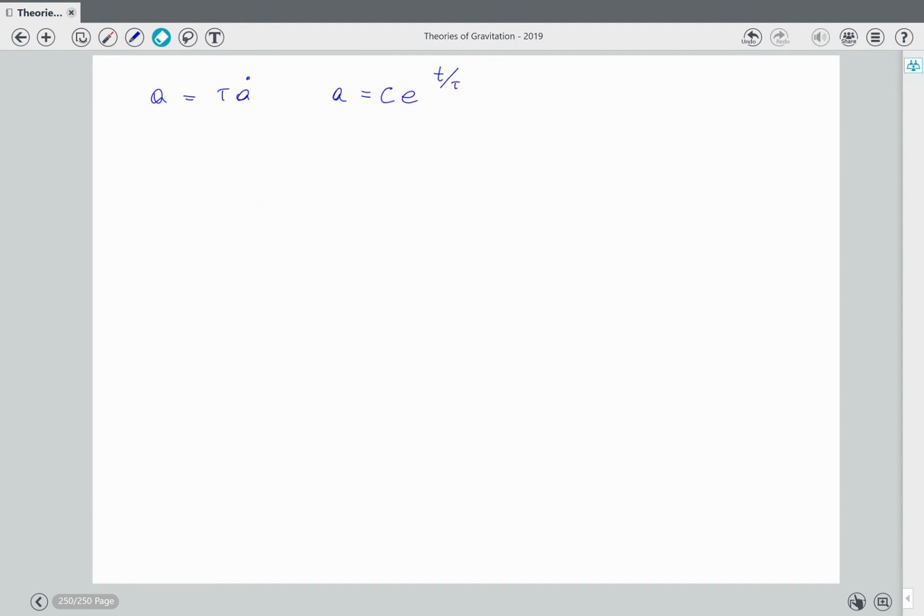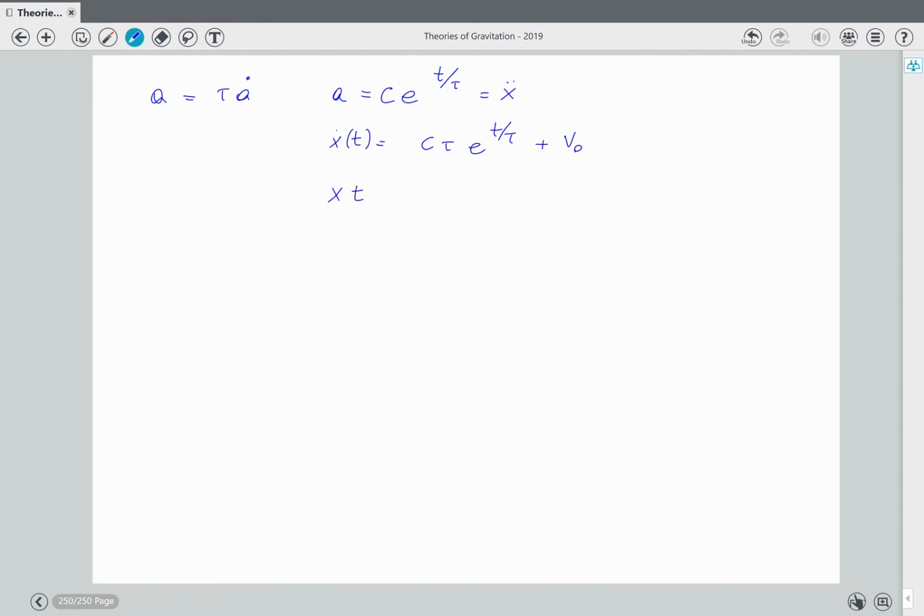And this is x double dot. So when from this you derive x dot of t, you will have something like that. Yes, the integral.